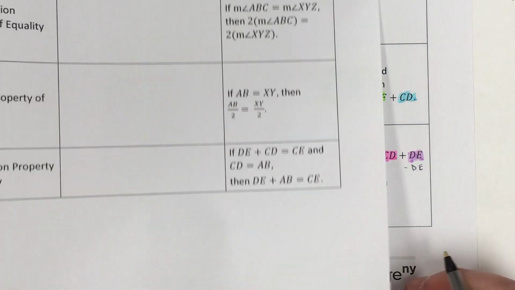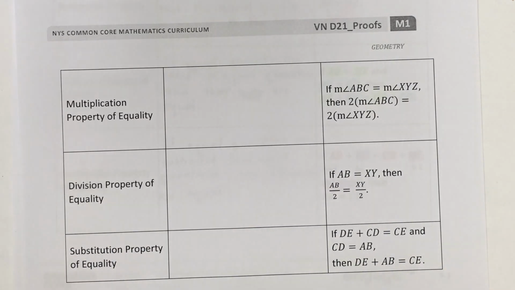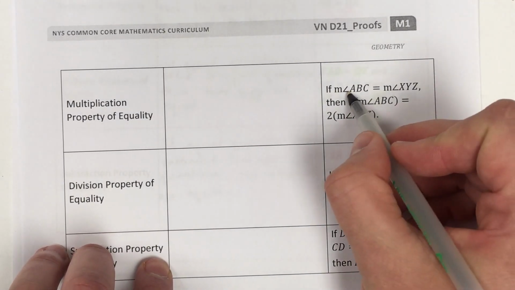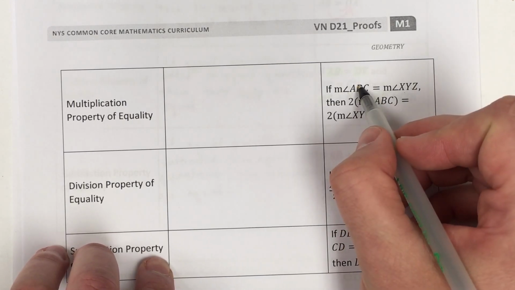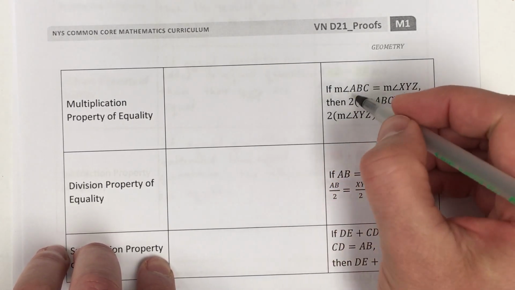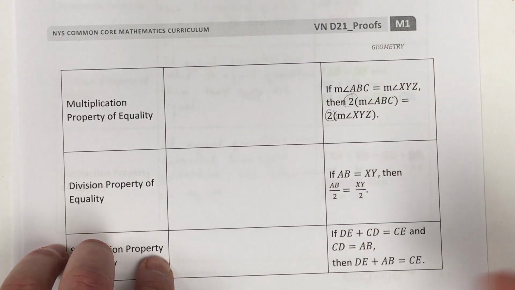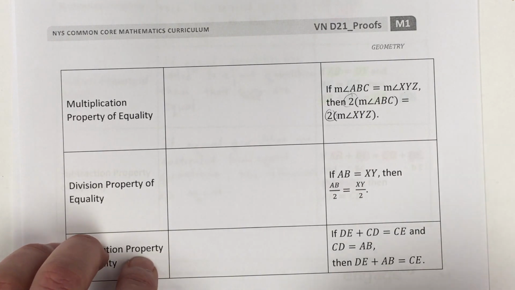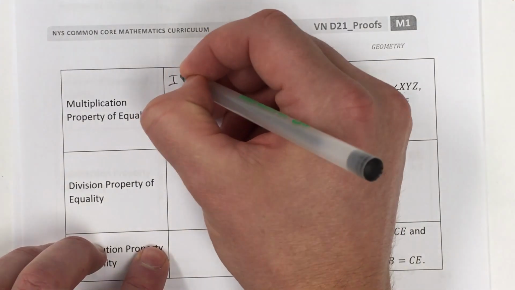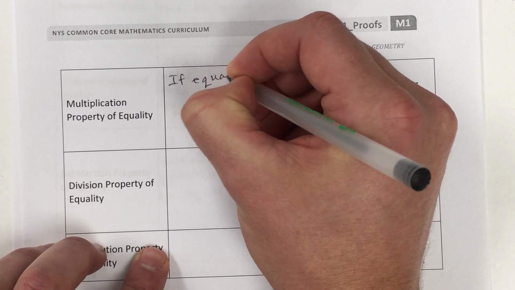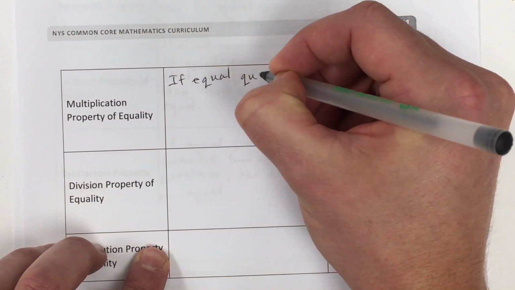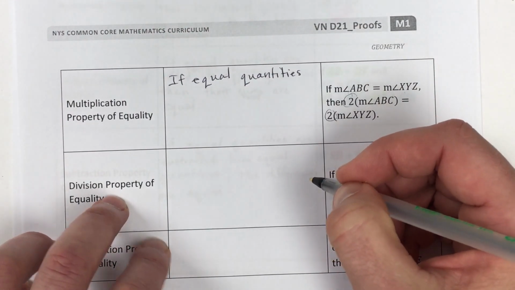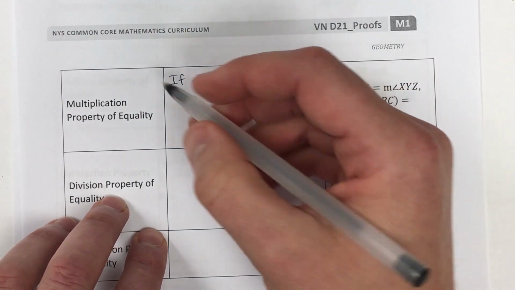Okay, 3 more. Multiplication property of equality. We start off with equal angles. And if you multiply by the same number, it could be a 2, a 3, a 4, an x, a z, as long as they're the same thing, your product should be equal. So if equal quantities, and you have used this when you were solving in algebra for a very, very long time.